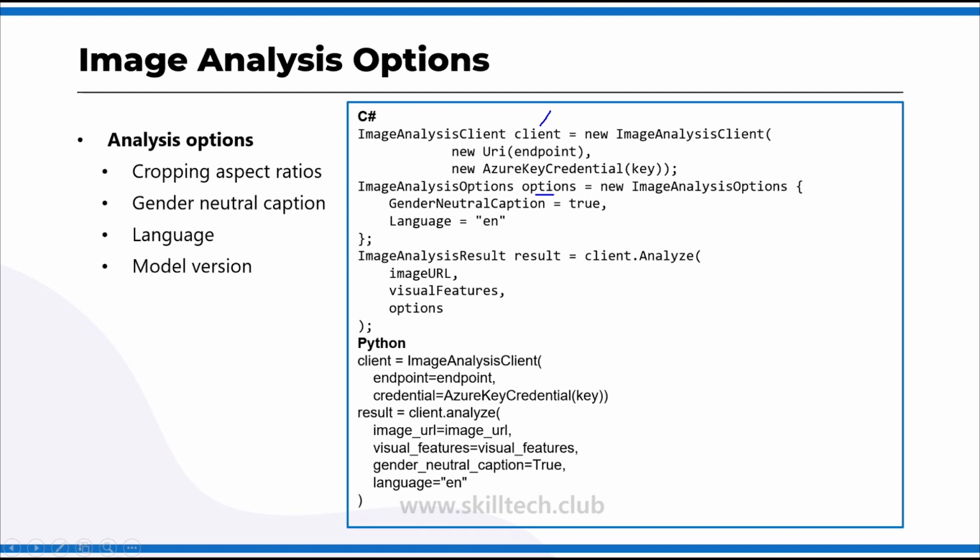We are specifying gender neutral caption and language, for example. In the final call, we are specifying image analysis result, which is a result object, and the result object is going to call the analyze method, and whatever is returned from the analyze method will be stored inside this result. The same thing is happening in Python.